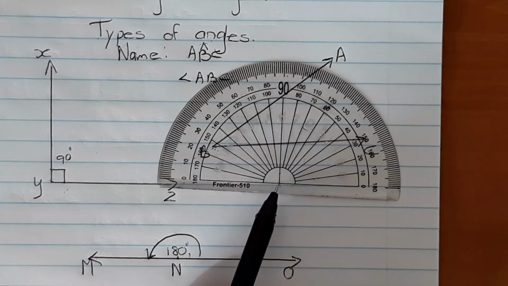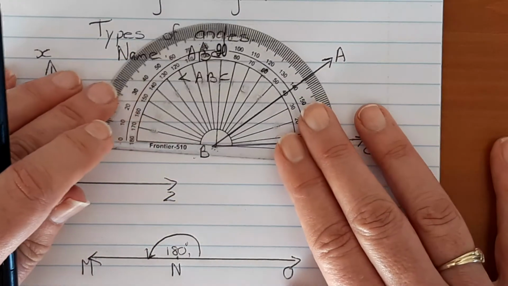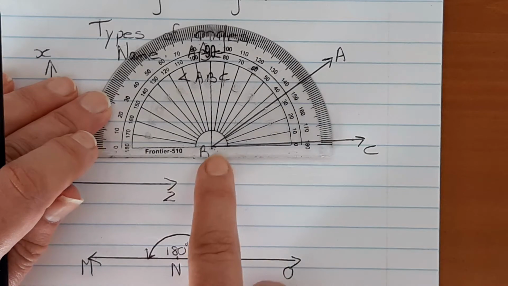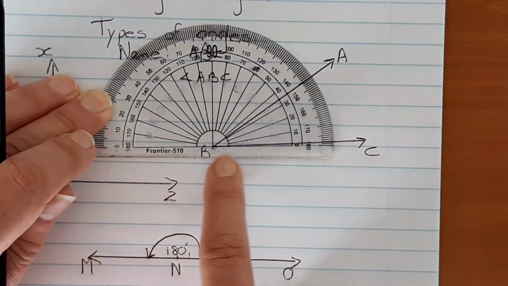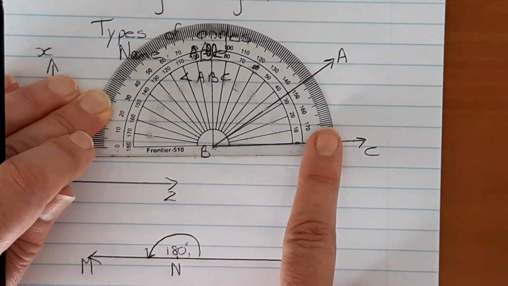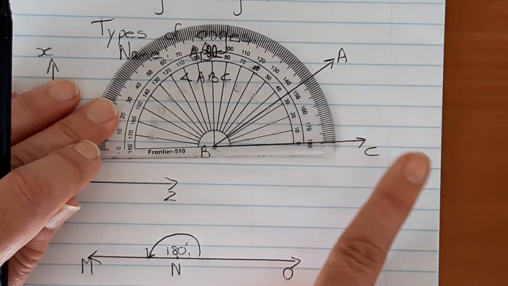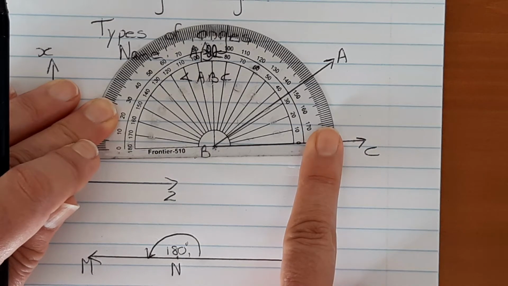But first start by putting the cross or the hole of the protractor on the vertex. So if I put it down there, now I can see the line. It's either this line or that line that must be on the 0. In this instance, it can be only that one. Now, mine is skew at this stage, so I make it straight. I make sure it's there.